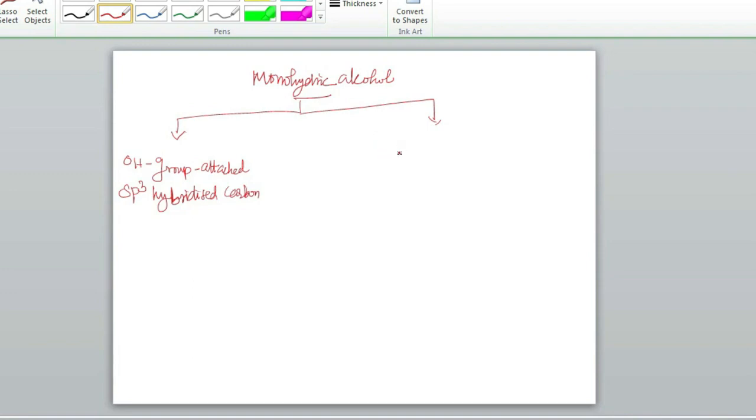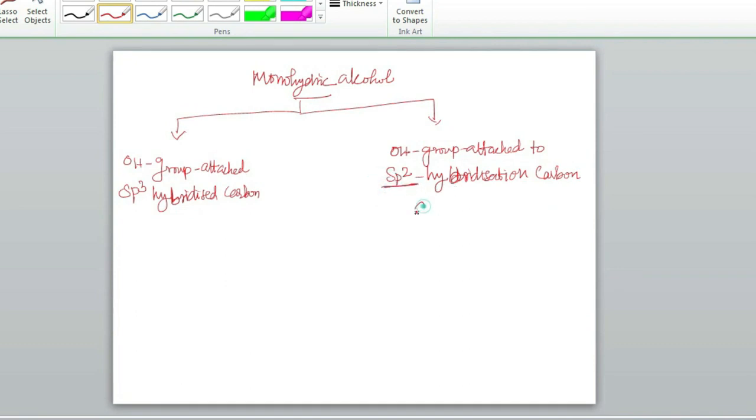The other one is where the OH group is attached to an sp2 hybridized carbon, like the carbon here, attached at an sp2 position carbon, right?